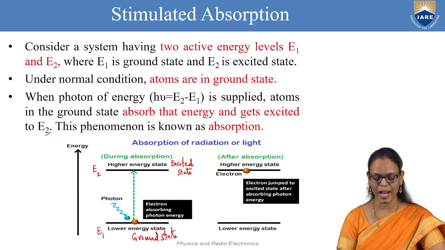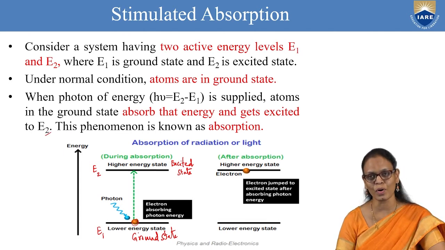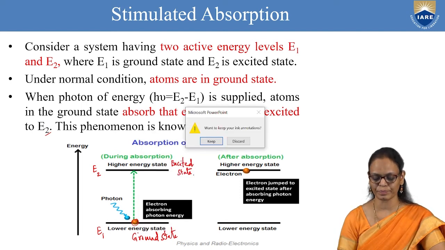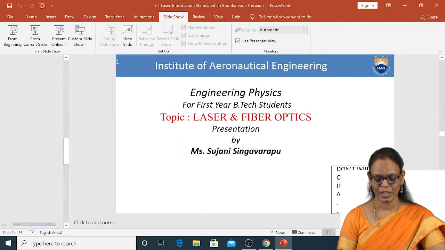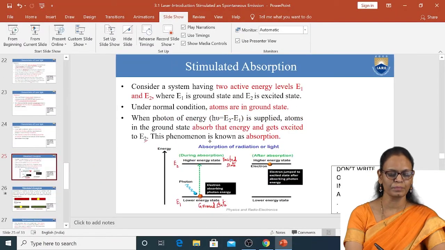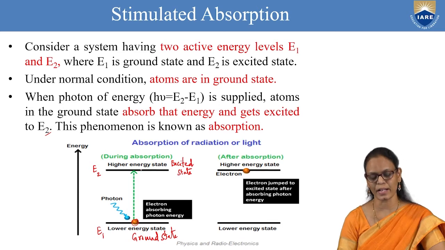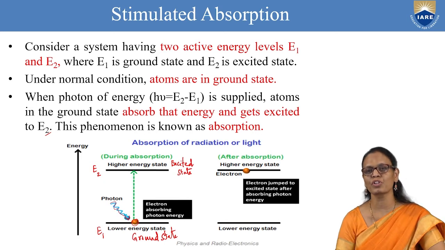Those atoms which are in the lower energy state, if they have to go to the higher energy state, they need energy. So we are supplying the energy with the help of a photon.